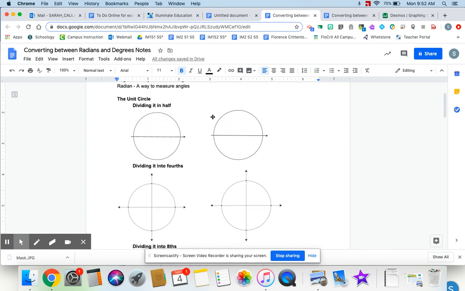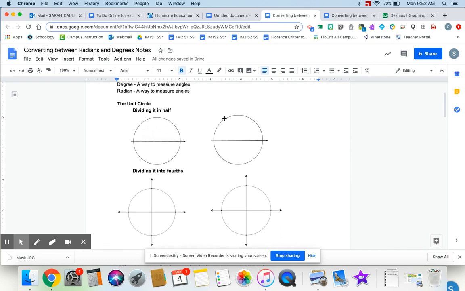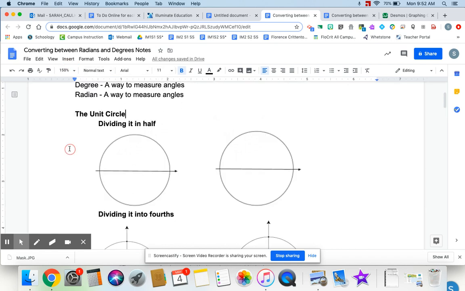So the unit circle, we're going to do it in both radians and degrees as we create it. Make this real big. So you always want to start with your 0 line. Like here's where I start.